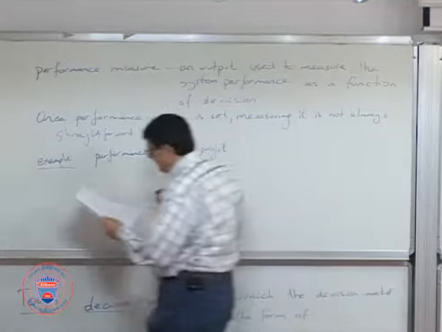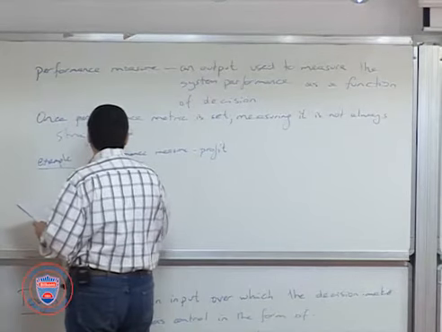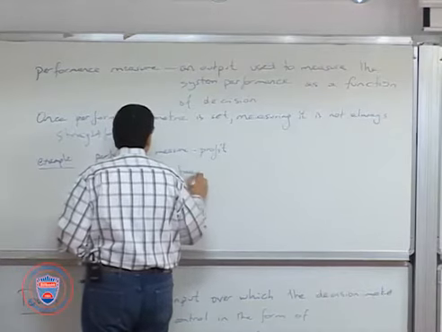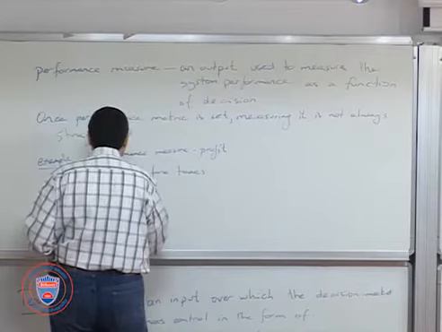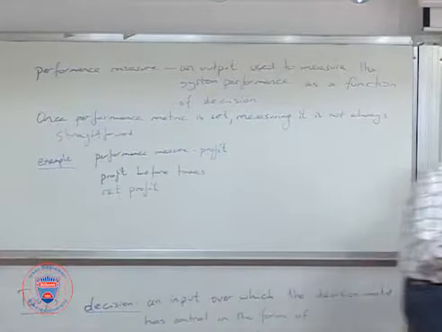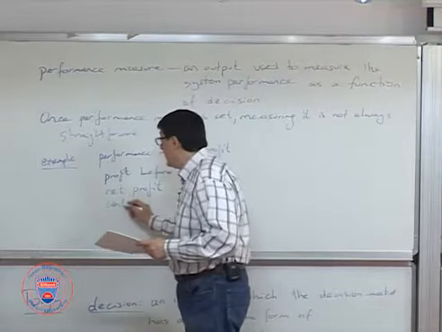For example, we have profit, a notion called profit before taxes, or we have a notion that we call net profit, which is a little bit different than the others. There might be another notion which is called contribution.